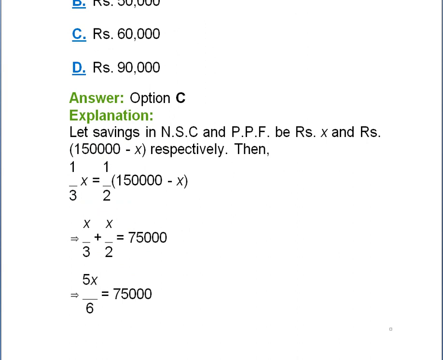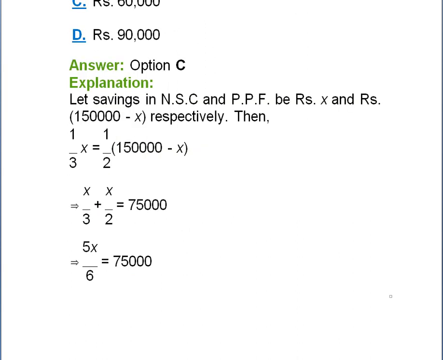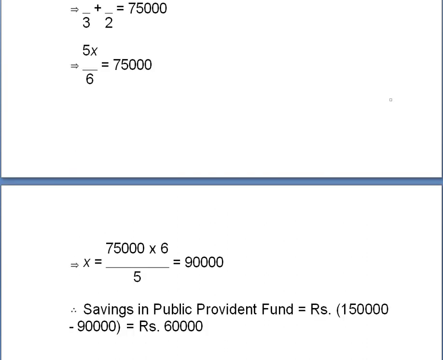Now you get 5x divided by 6 equals 75,000. And x will be 75,000 into 6 divided by 5, that is 90,000. So savings in Public Provident Fund, that is PPF, would be 1,50,000 minus 90,000, that is 60,000 rupees.